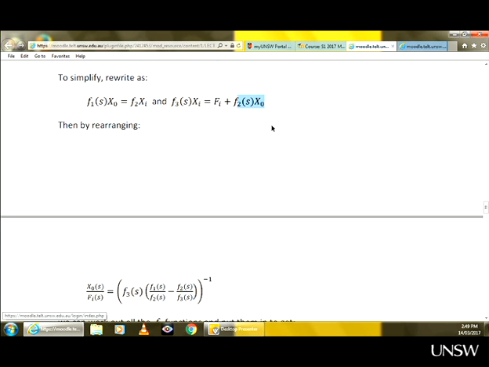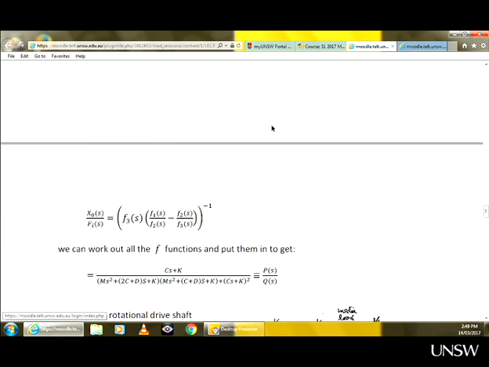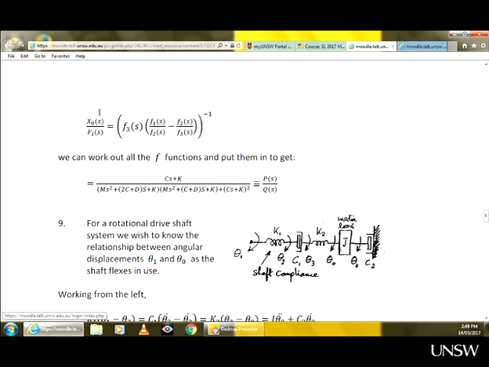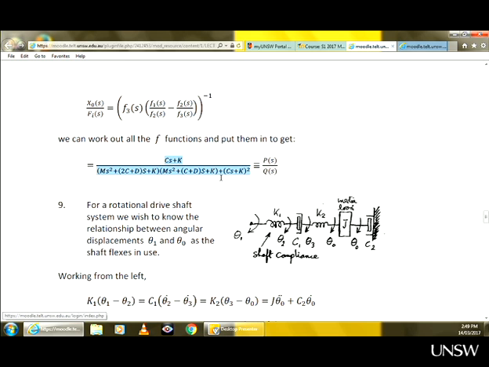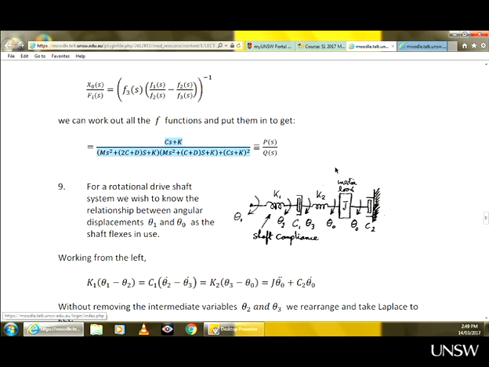So you end up with one equation with Fi and Xo only. So this would be the transfer function. Now substitute back the expressions for F3, F1, and F2, and you get quite a lengthy denominator down here, but that would be your transfer function.